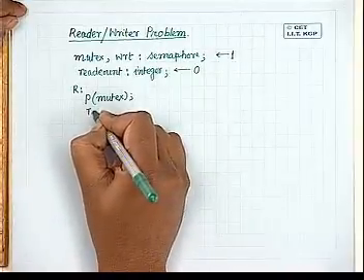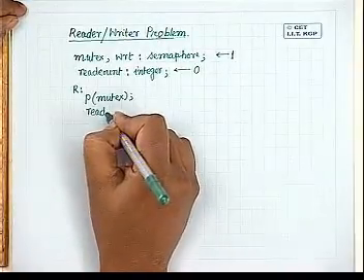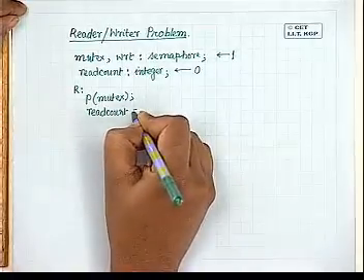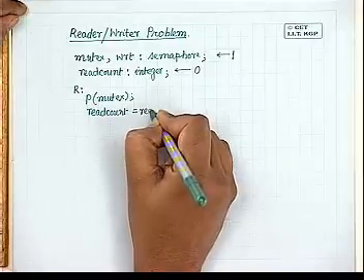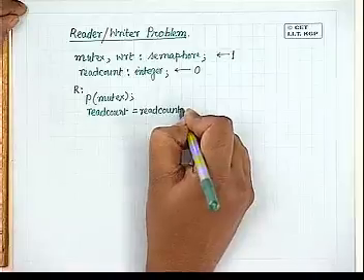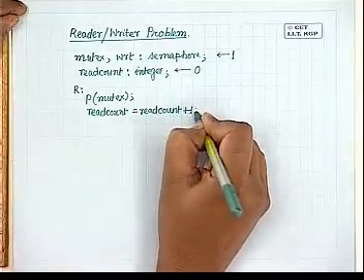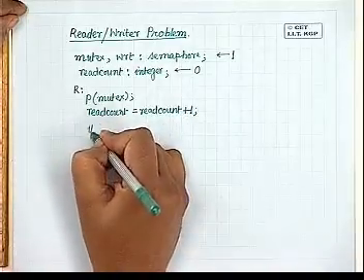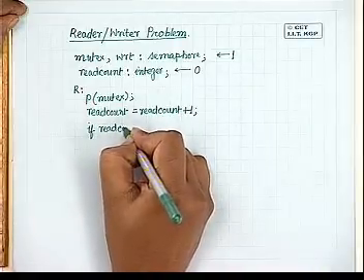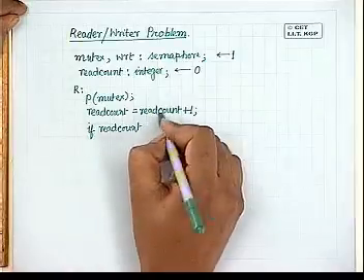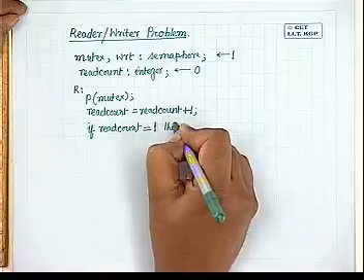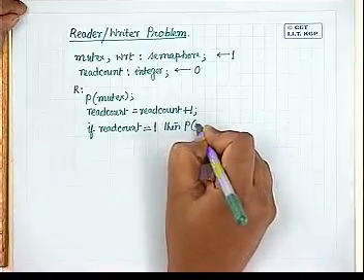After that, you increment the read count by 1. Then if read count is equal to 1, then P write.